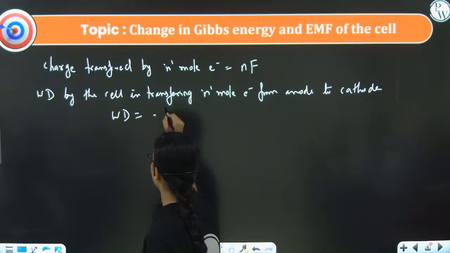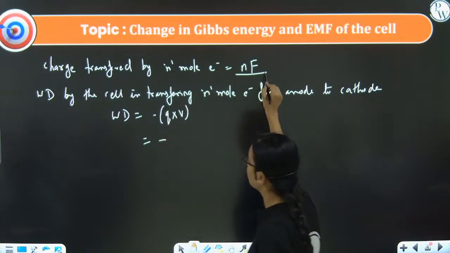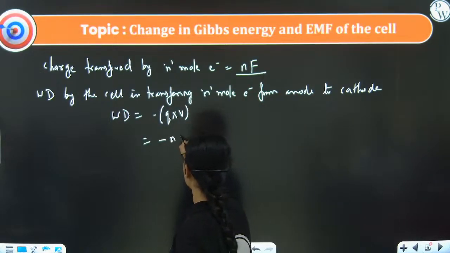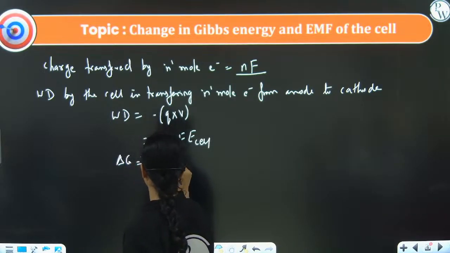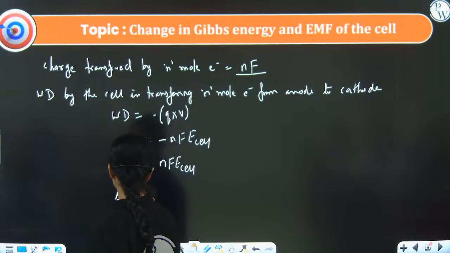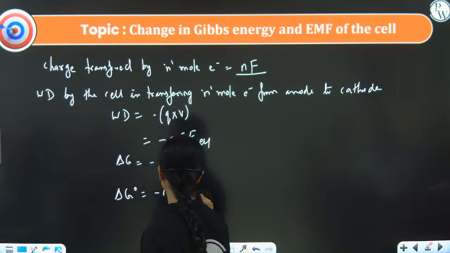What we were writing, electrical work done as Q into V. So here Q is nF, and V means E cell. So here the value comes as delta G is equal to minus nF E cell. If we take standard conditions, delta G naught should be equal to minus nF E naught cell.